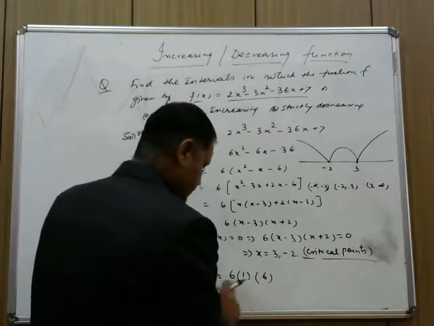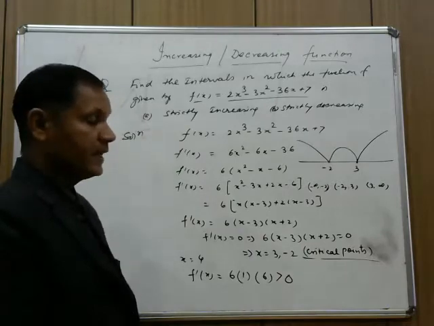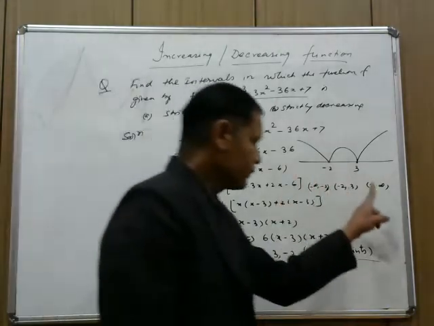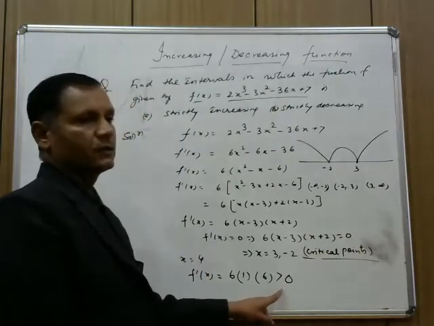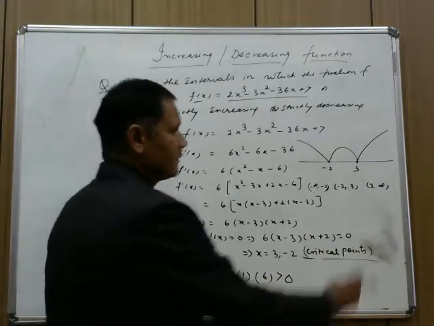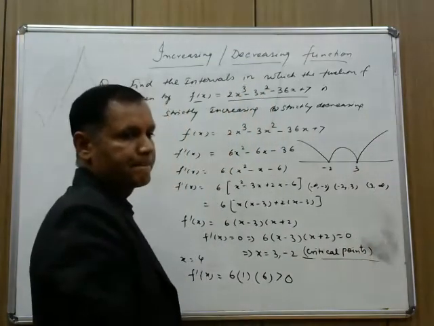That means this is equal to 36, which is greater than 0. That means if I take any number between 3 and infinity, f dash of x is greater than 0. It means the given function is increasing in the interval 3 to infinity.